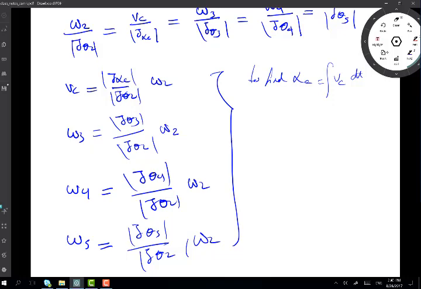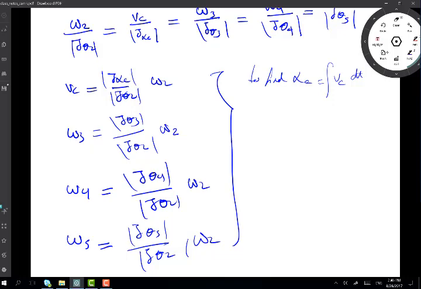So we start from a given configuration for the linkage, where all angles are known: theta 2, theta 3, theta 4, theta 5, xc, everything. It would be like starting at an assembly position given to you in AutoCAD or drawn to scale, and then you can measure those angles from the given drawing.